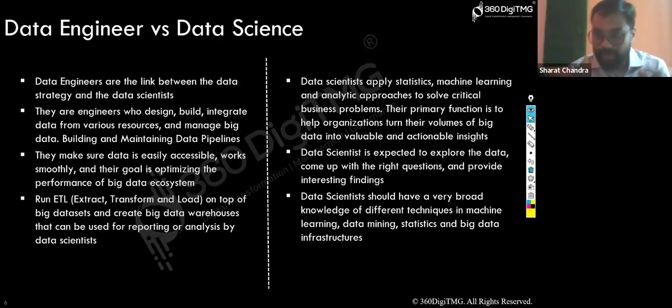Each part has its own role and responsibility. Likewise, the data analyst role is important, the data engineer's role is also important. It depends on what your skill sets are, what you are inclined towards. Depending on that, you'll have to choose which area is better for you.